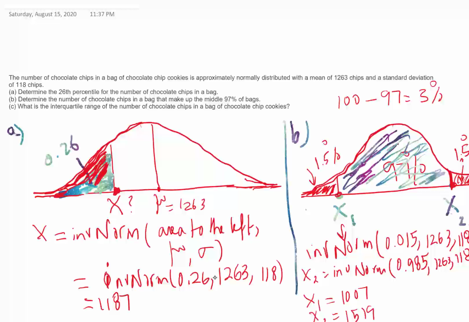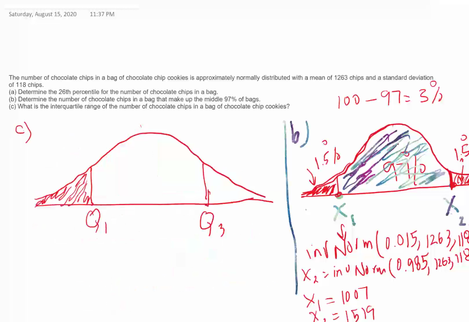Okay. Part C. For part C, what is the interquartile range of the number of chocolate chips in a bag of chocolate chip cookies? Well, the interquartile range, as you know from the previous chapter, is IQR equals Q3 minus Q1. So I need Q3 and Q1. Q3 is the 75th percentile, P75.